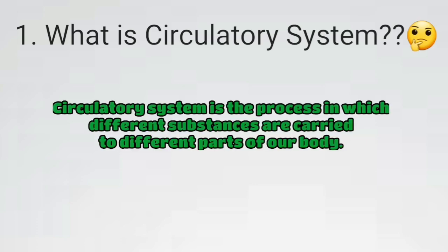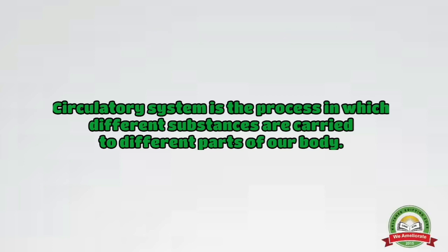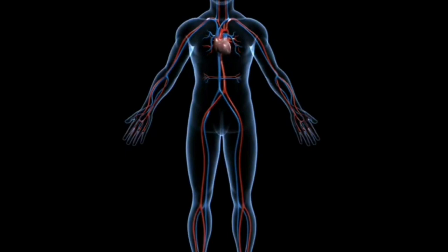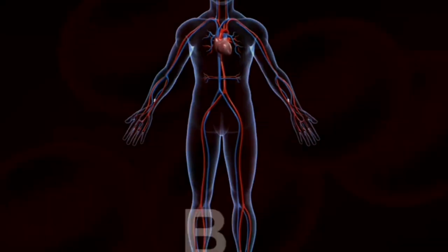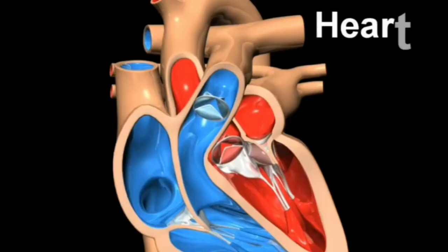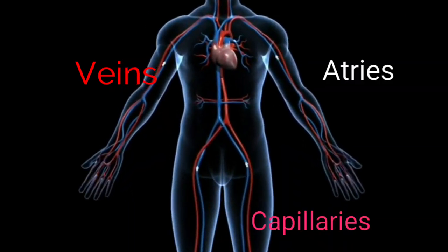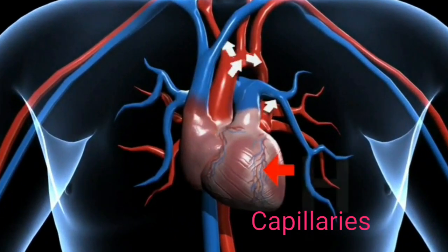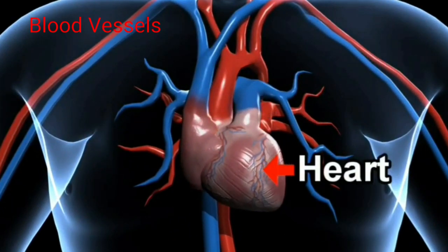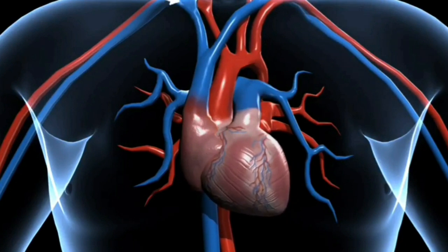First question: what is the circulatory system? We can define it like this: the circulatory system is the process in which different kinds of substances are carried to different parts of the body. So the circulatory system is a process in which different substances are carried all around the body. The vital organs in the circulatory system are the heart, veins, arteries, capillaries, then blood vessels, then blood cells, different types of blood cells, white blood cells, red blood cells, and lymph fluid.